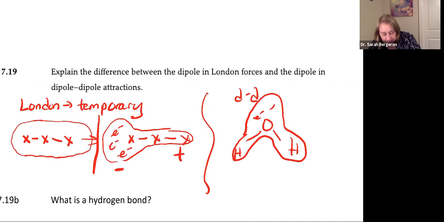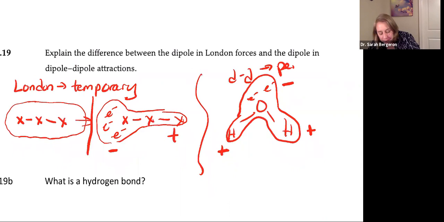So you got a lot of electrons hanging out over here. So this is negative, this is positive, and this is positive. And so the dipole-dipole interactions, these are permanent, whereas London dispersion is temporary, okay?